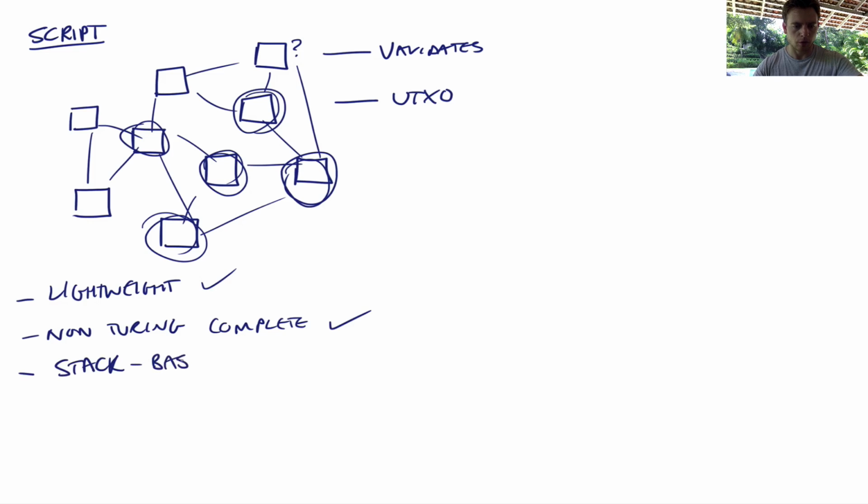Now, if you're not familiar with that, I'm going to go into that in a second. This is quite straightforward to understand, hopefully, so this part won't take too long. Stack based means that as the script, as the program, is running, every instruction interacts with a stack, which is, think of it like a locally held list of variables, right?